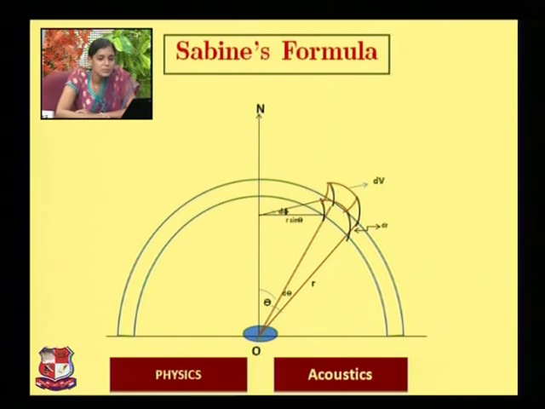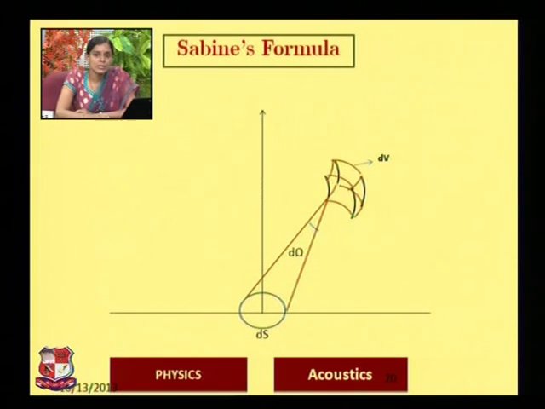From this small volume element dv, what will be the sound energy that is coming towards ds? If we can find that out, that will be the total incident energy. By using the sound absorption coefficient of ds, one can find the absorbed energy, and using the solid angle from dv, we can have the energy absorbed by the smaller surface.